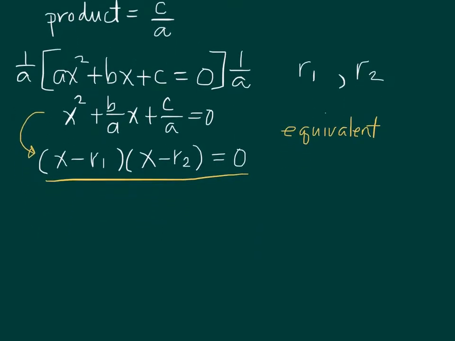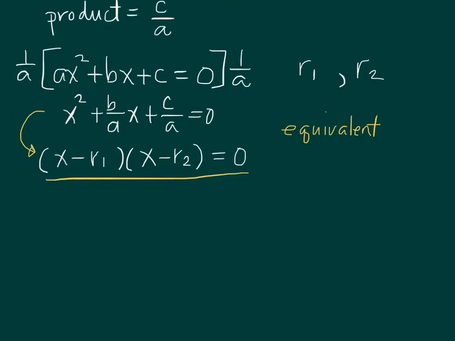As we continue, now let us expand x minus r1 times x minus r2. So if I will expand this, it will become x squared minus r2 x minus r1 x plus r1 times r2 equal to 0. Now we could have many different ways of expanding it, and we will still be having the same expanded form.